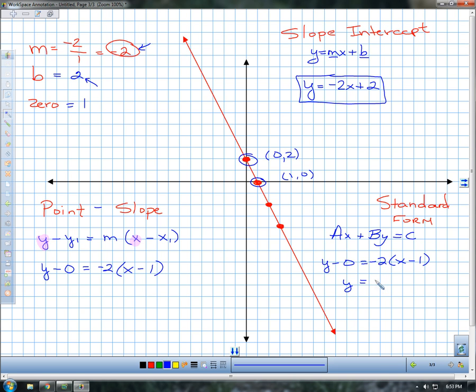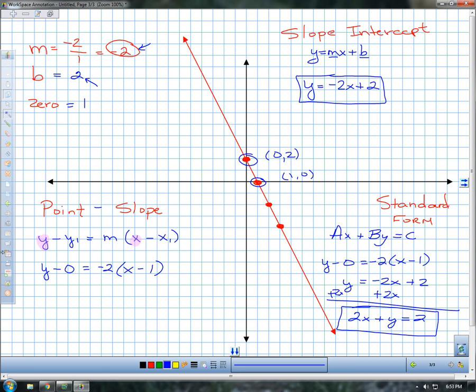And that should be equal to -2x plus 2. I need it to fit like this. I need x out front on the same side as y. So I simply add 2x. And I'm left with 2x plus y equals 2. This is the standard form of this line.